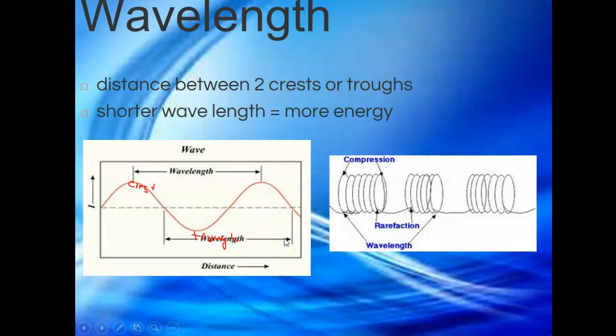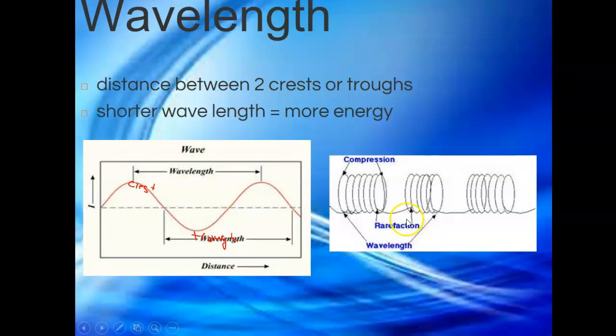It's the distance between the two. If we have a shorter wavelength, when the wavelengths are really short and tight together, that means there is more energy. A large wave, with more amplitude, has more energy. So the larger the amplitude, the larger the energy. And if I have a short wavelength, throughout that wave there is a bunch of energy as well.